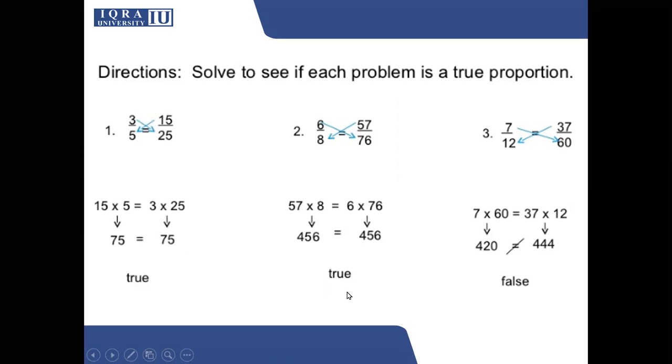Similarly, this again is also a case of a true proportion. Let's take a look over here. 7 times 60 is 420, and 12 times 37 is 444. So 420 is not the same as 444. So this is a false proportion. I'm sorry, I meant to say this is a false proportion, not a false ratio.